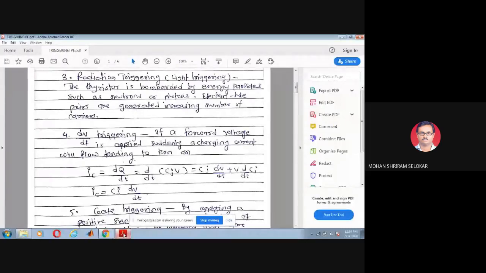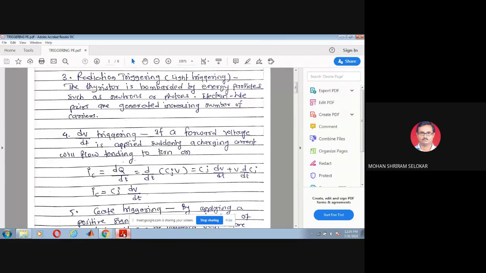The second derivative can be omitted because the junction capacitance is not changing with time. It is a constant. As junction capacitance is constant, that term can be omitted. So the only term left in this expression is Ic equal to Cj into dV by dt. Understand? Ic is equal to Cj into dV by dt.